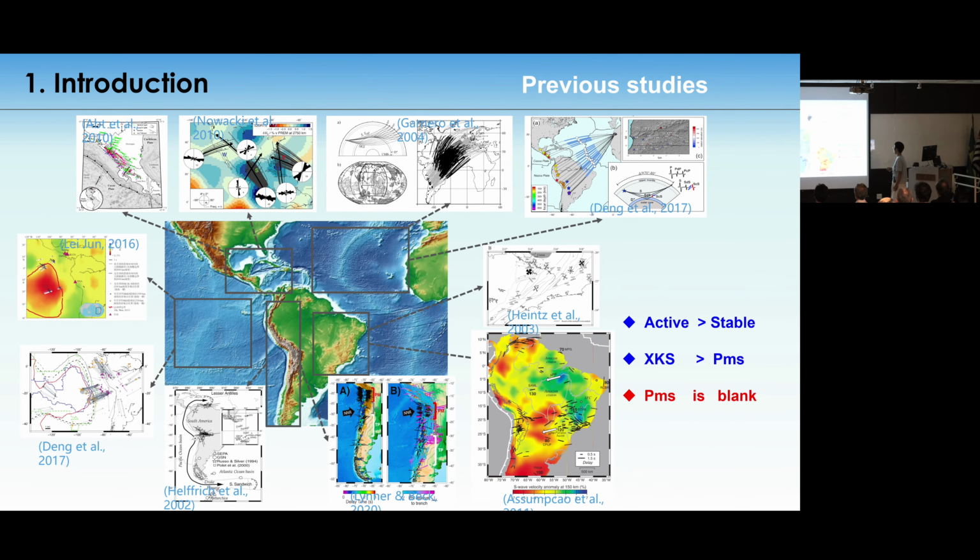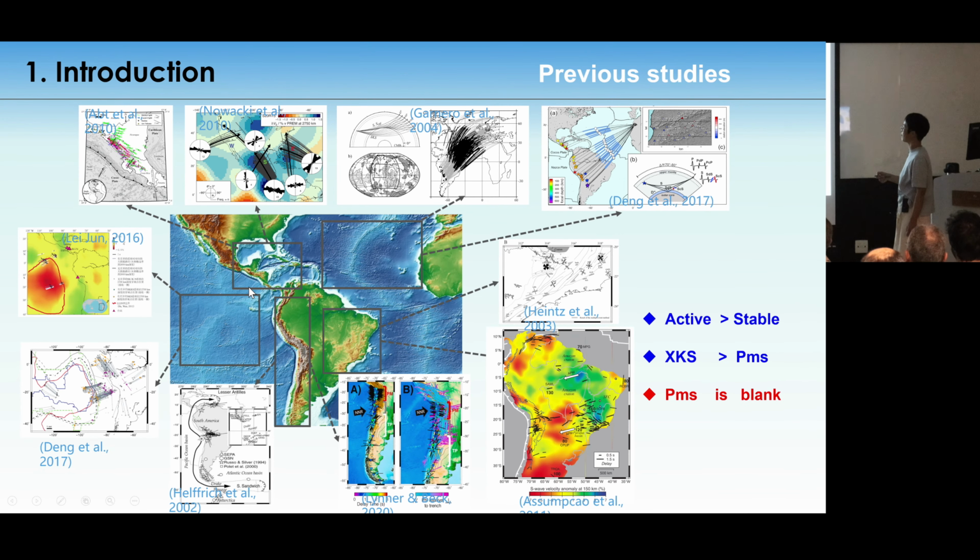Now, here are some previous studies in South America. We can see that most of the previous studies focused on the oceanic regions around the South American plate, or on the active regions in the north, the Caribbean region, or in the west, the Andean orogenic belt. For the stable part of the South American platform, the studies are relatively scarce, and the existing studies mainly used the XKS analysis method to derive the mantle anisotropy.